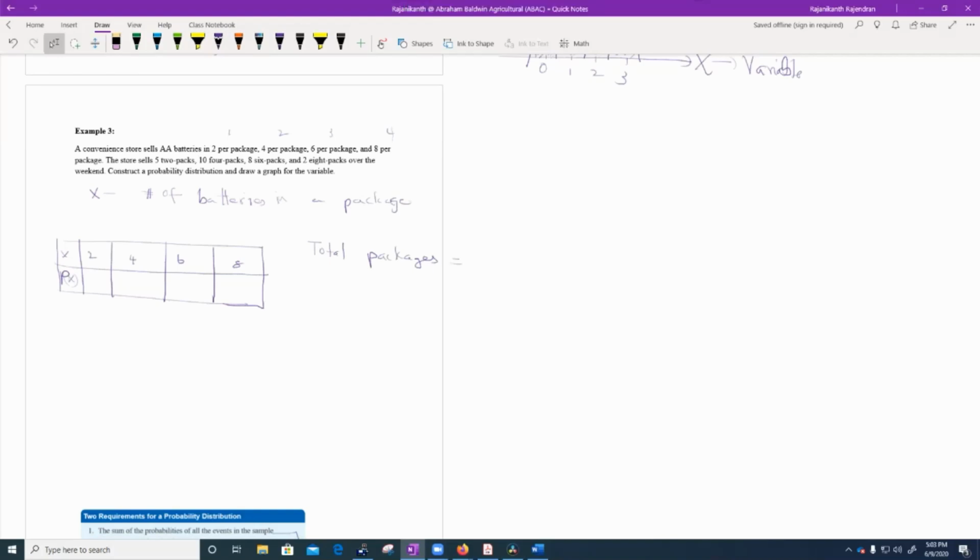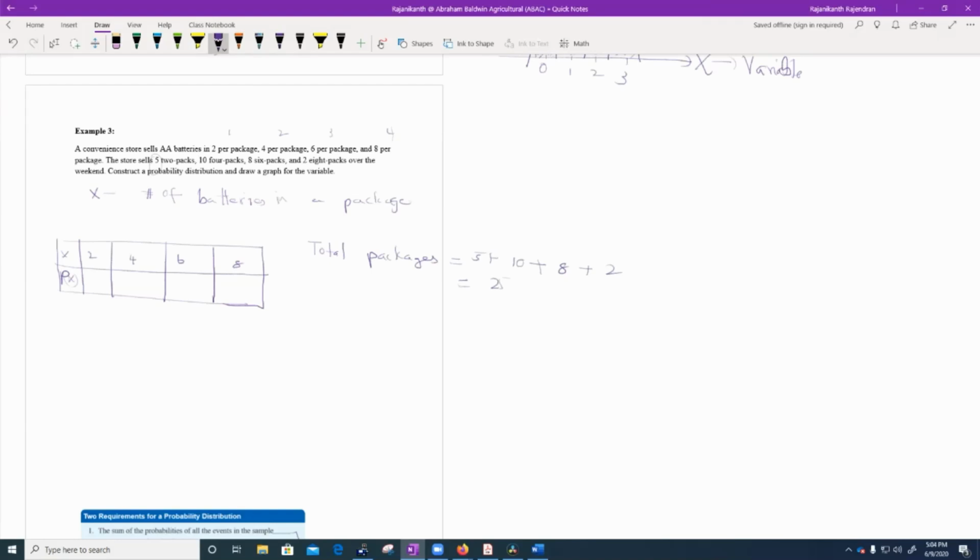So the total packages, if you look carefully, 5 2-packs, 10 of 4-pack batteries, 8 packs of 6 batteries, and 2 packs of 8 batteries. So when you add all, you get 15, 23, and 25. This is the total number of packages sold in that week.